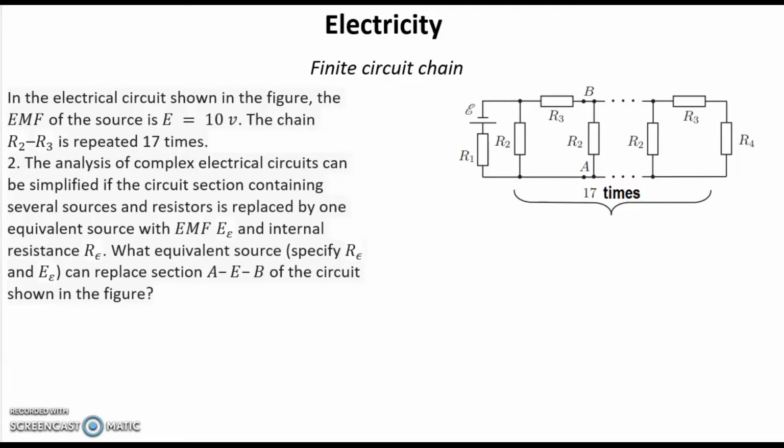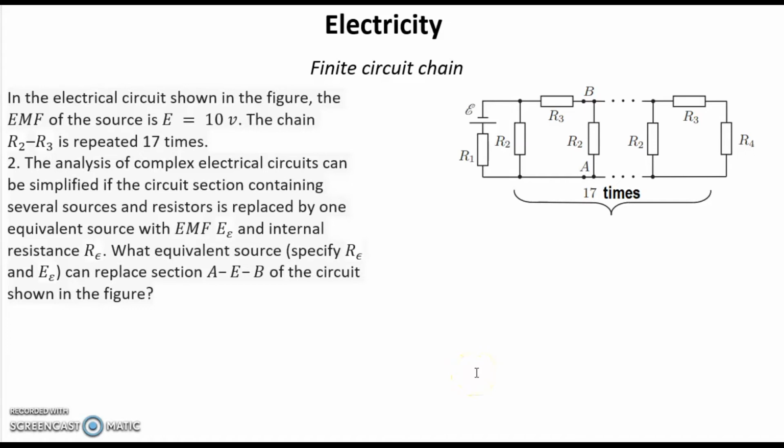What equivalent source, specified by R internal and EMF, can replace section A, E, and B? Let's mark it. This is the section we have to replace.